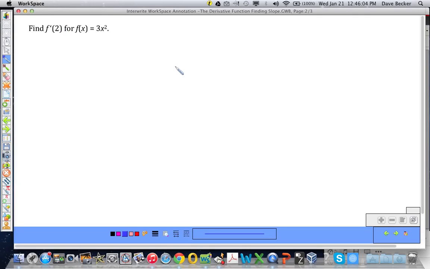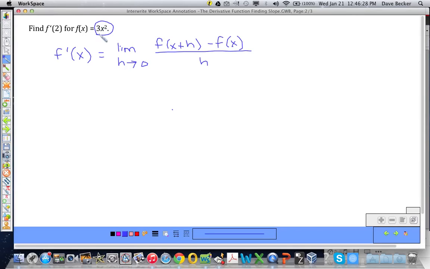Okay? So the first thing we're going to do is find f prime of x, and recall that is equal to the limit as h approaches 0 of f of x plus h minus f of x all over h. Okay, so in this particular case, the original function is 3x squared.